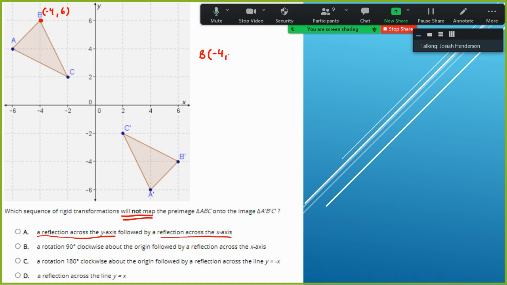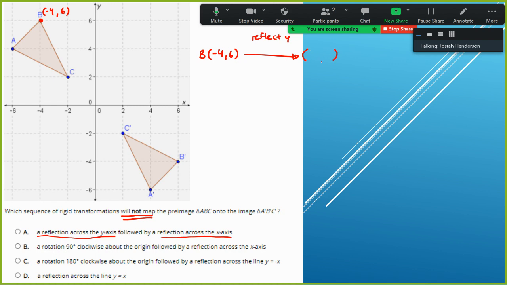So B is at -4, 6. Let's do a reflection across the y-axis and then a reflection across x. Reflect y first. Reflecting on the y-axis doesn't change the height, but it negates the x. So it changes from positive to negative, or negative to positive.